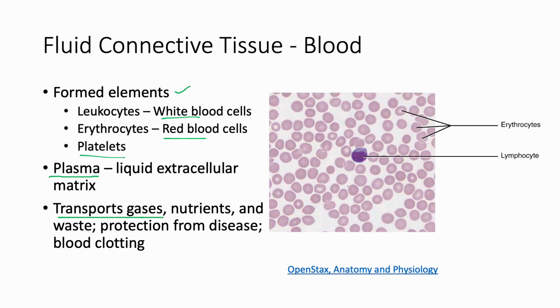The plasma is carrying nutrients and then removing waste. The white blood cells or leukocytes are important in protection from pathogens and disease. And these platelets are what are going to be important in our blood clotting when we have injury.